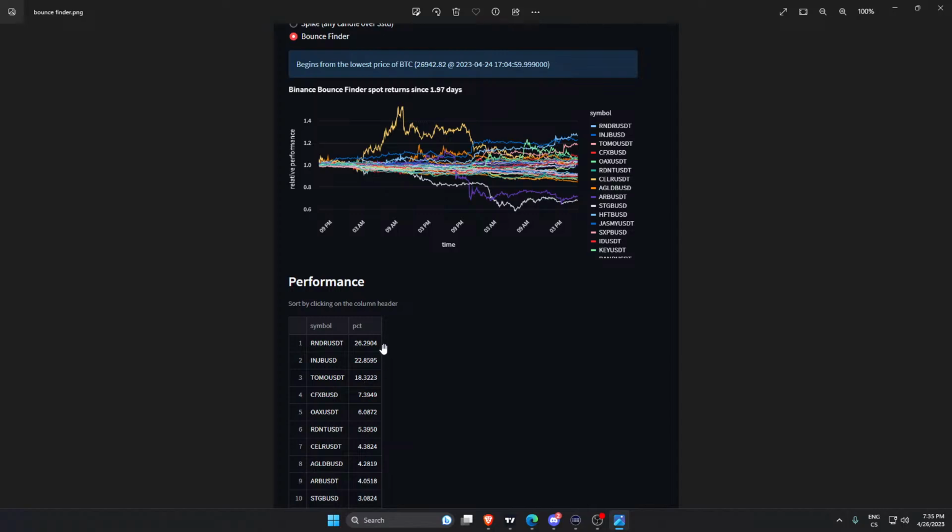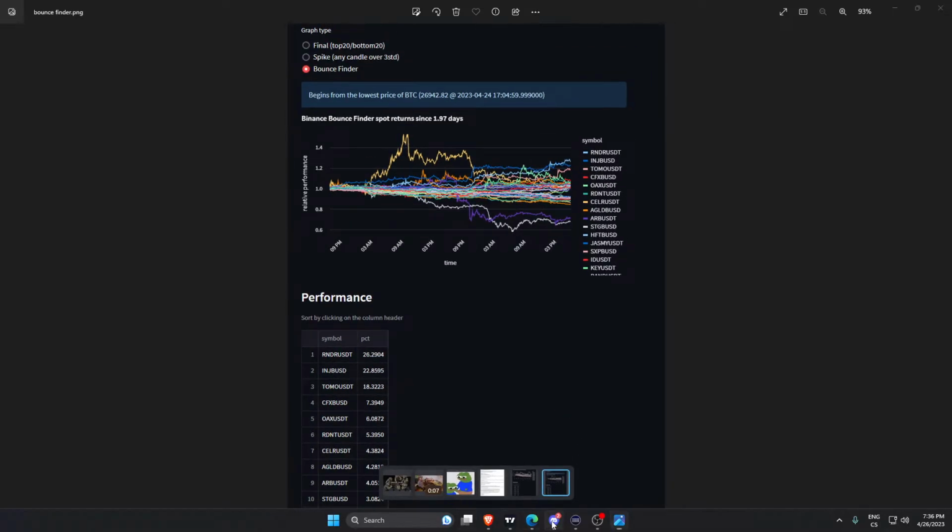Injective, again Tomo, Conflux is making a return, and RDNT, Celer. And Arbitrum. So still the coins that did relatively well this year, which had some of the narrative or news, are still, Jesus Christ, I hate to call it relevant, but if you're trying to long strength, those are the coins you should be looking at.